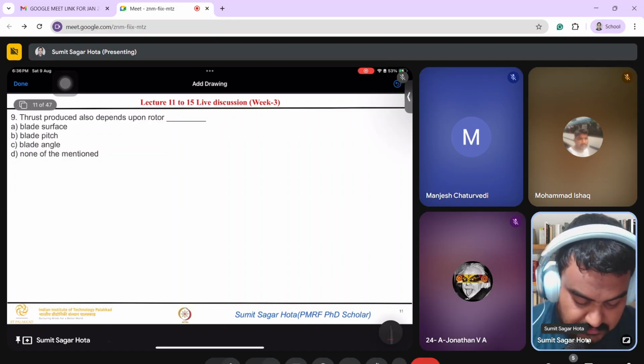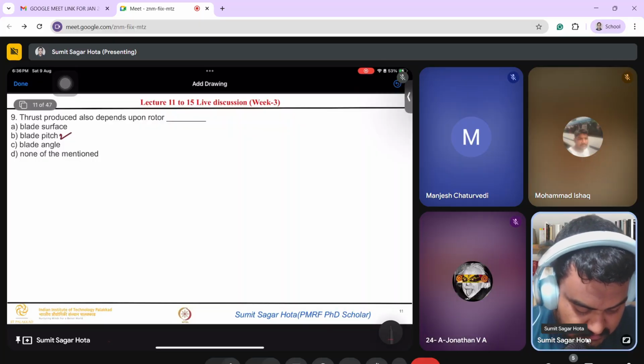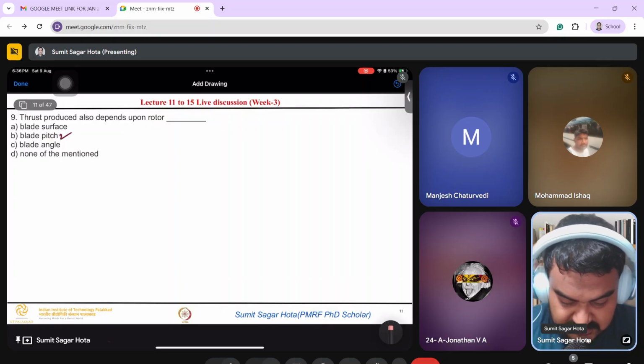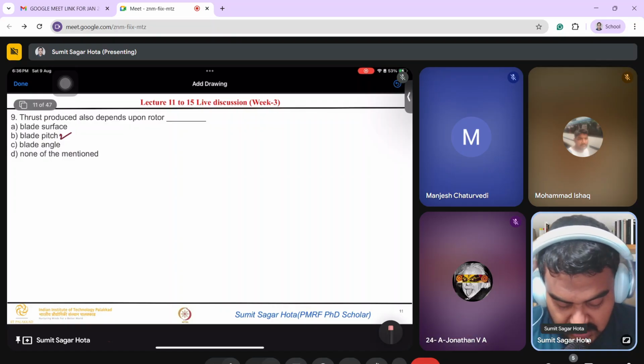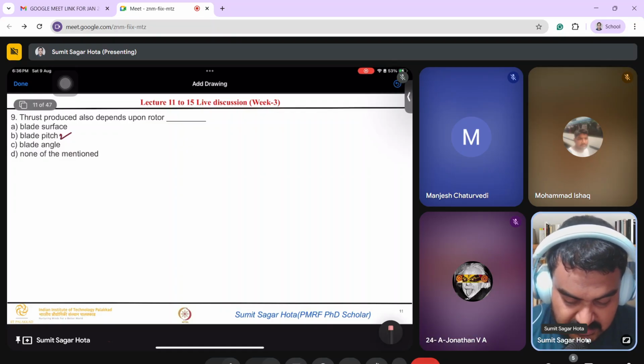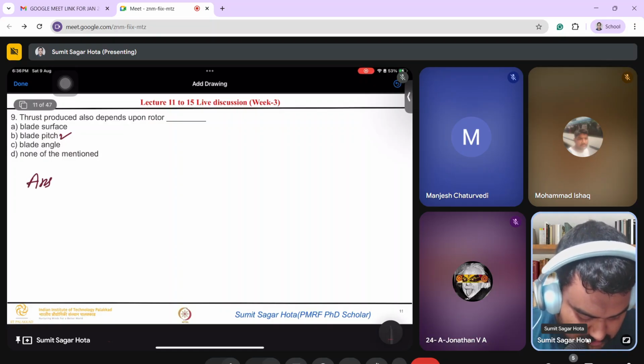The answer will be rotor blade pitch. It affects the thrust much more compared to the other two parameters, because through pitch we can adjust the blade angle, and the blade surface we are assuming is smooth.